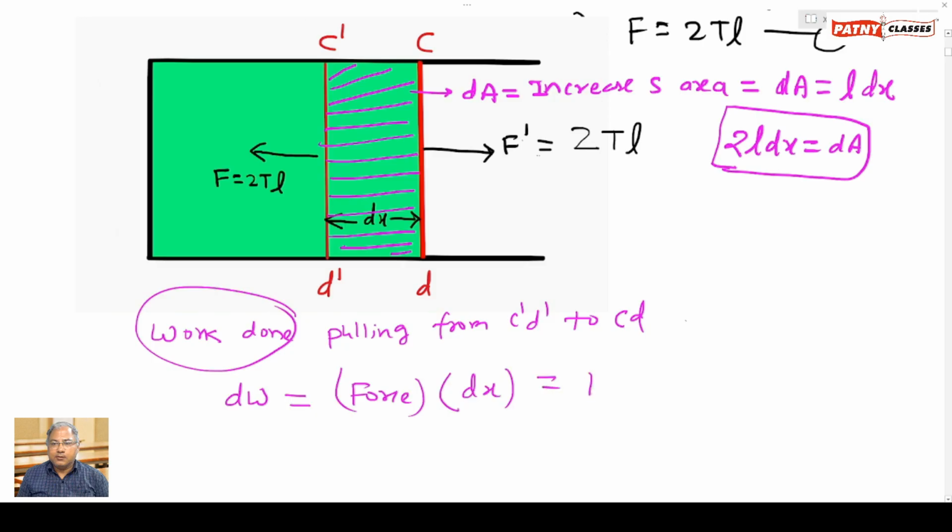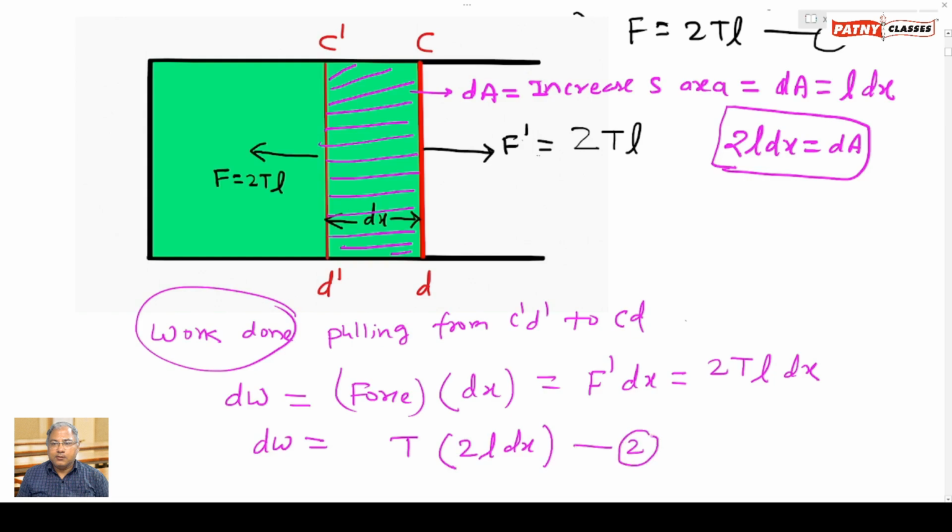And this force is nothing but F' and dx. F' is nothing but 2TL dx. This is equal to T multiplied by 2L dx. So dW equals T multiplied by 2L dx.